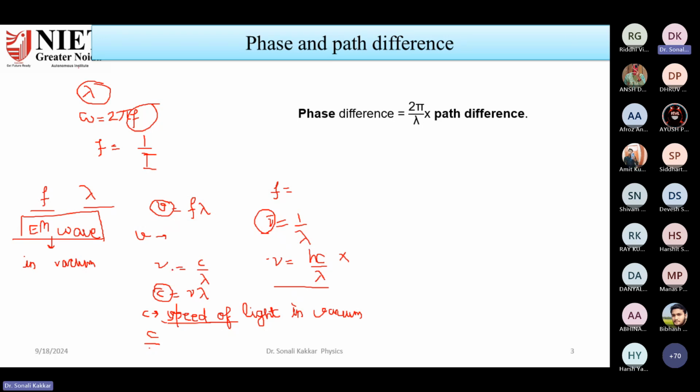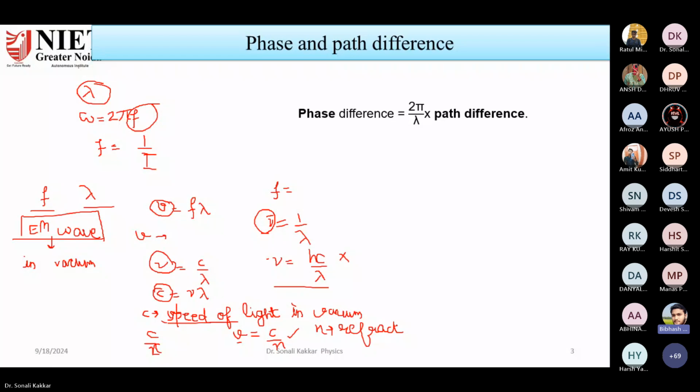If you are denoting mu equal to frequency, so yeah, c by n. You denote refractive index of medium by n. So velocity of light in a medium is equal to c by n, where n is the refractive index of the medium. So velocity of light decreases in a medium by a factor n, where n is the refractive index of medium.